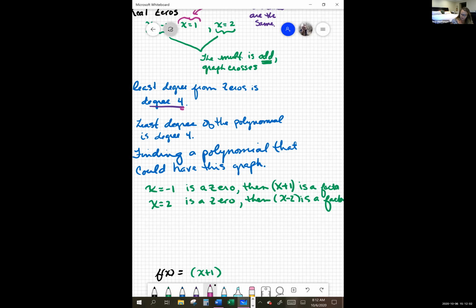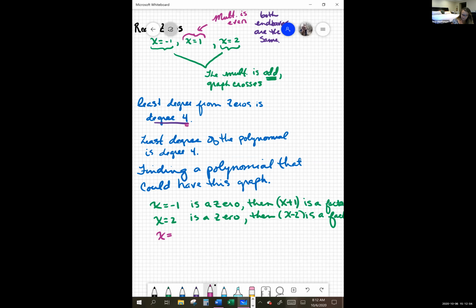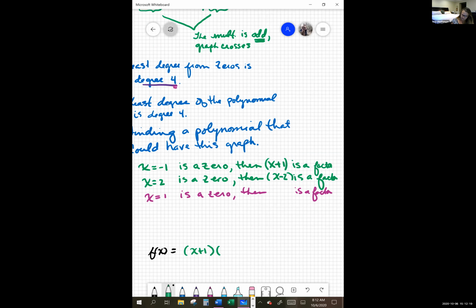And then x equals 1 was also a 0. So let's put back down there x minus 2. And then I think you guys have it. Subtract 1, so x minus 1.